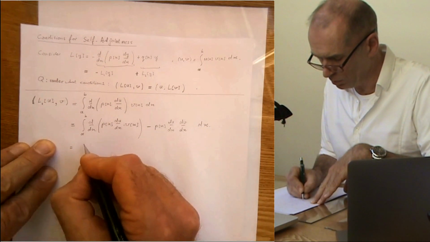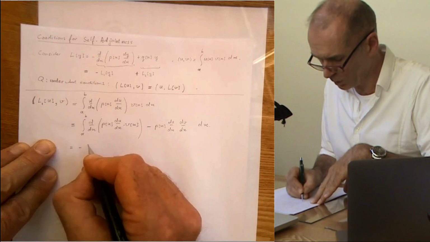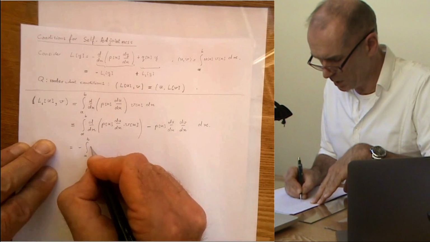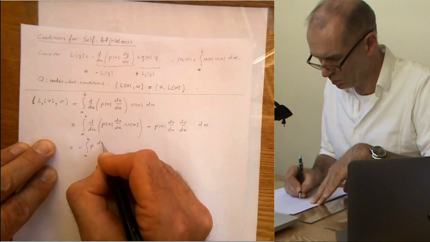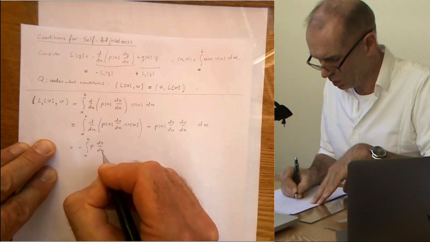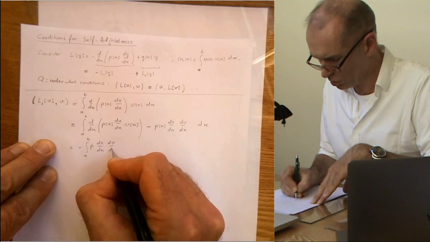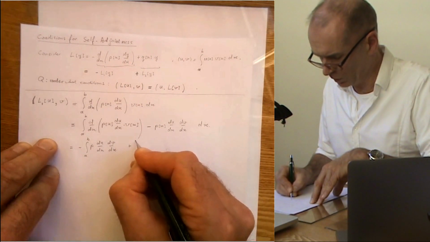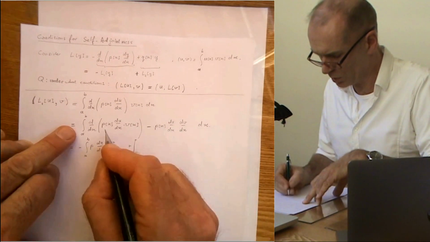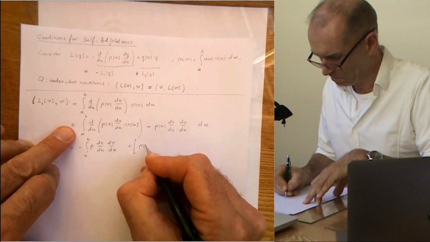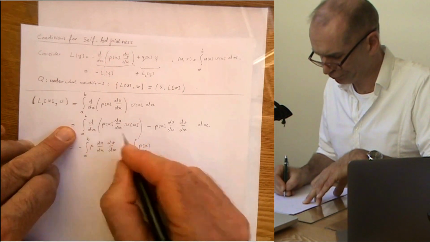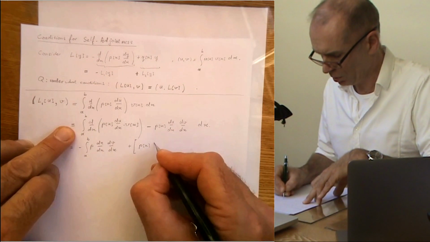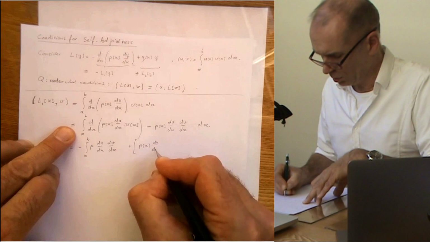You have now the integral minus the integral from a to b of p, du/dx, dv/dx, plus the boundary term.